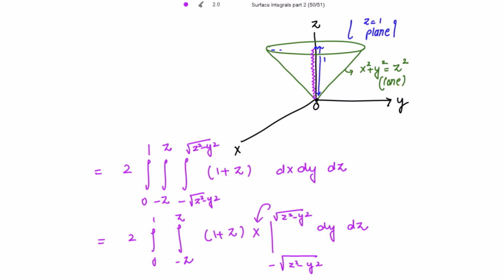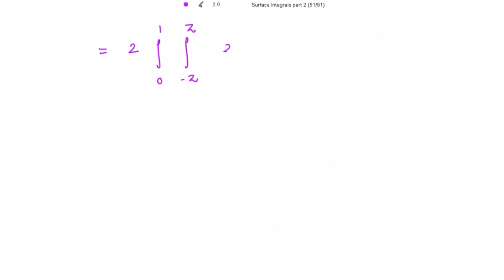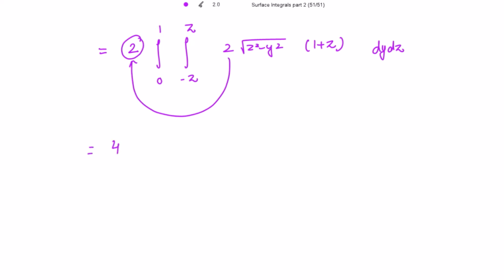Putting the upper limit, we get the square root of z² minus y², minus the lower limit, negative square root of z² minus y². So that becomes 2 times the square root of z² minus y², dy dz. And we also have (1 plus z) as constant. Taking this 2 outside, it gets multiplied with the 2 and we get 4.